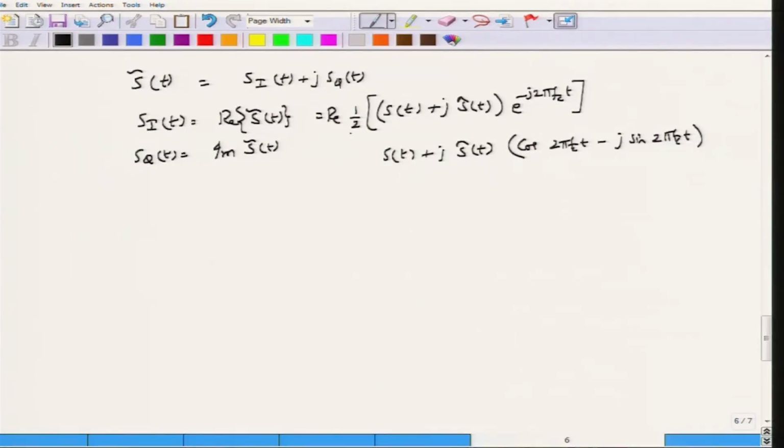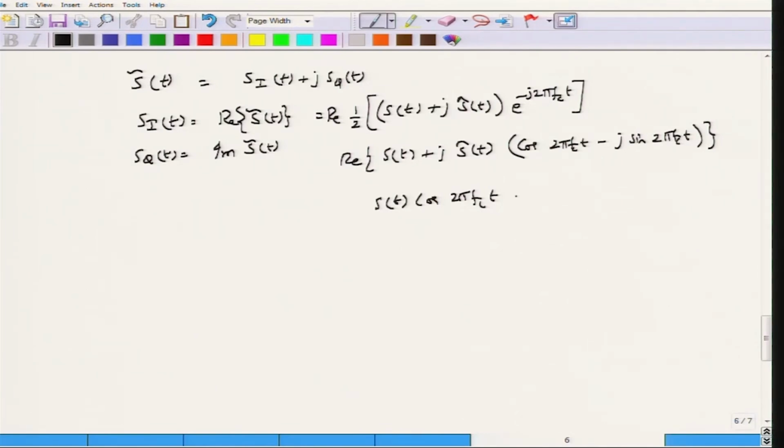Let us forget about this half factor for now. When I look for the real part of this, I see that this would be S of t cos 2 pi f c t. That is because S of t and cos 2 pi f c t would be real numbers, S of t and minus j sin 2 pi f c t would be complex. So, therefore, they will not be coming in with me. j S hat of t cos 2 pi f c t will also be imaginary, therefore, that will also go away in this real operation.